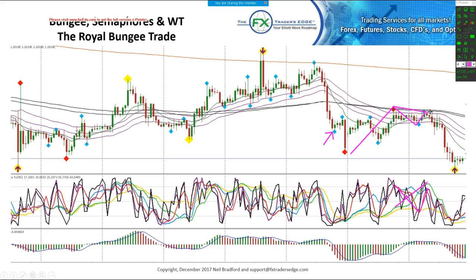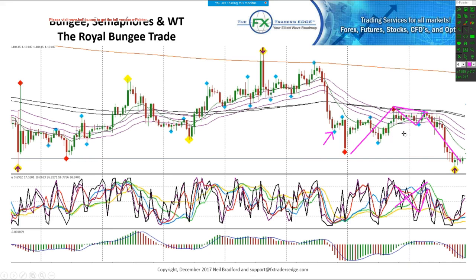We got hidden divergence on the green bungee. We're going down. So now we know we've got a Royal bungee trade and a confirmed reversal of fortunes. So we can trade from somewhere up here to somewhere down here and make our pips.